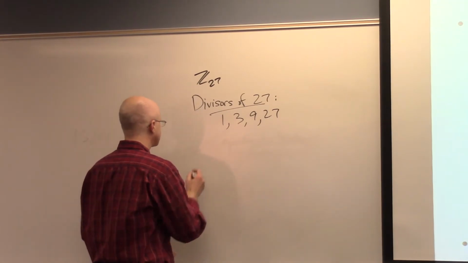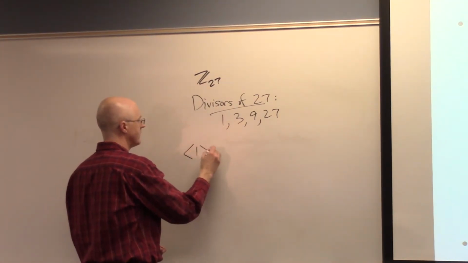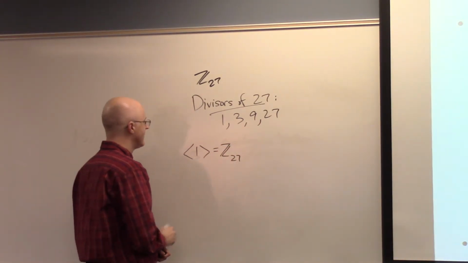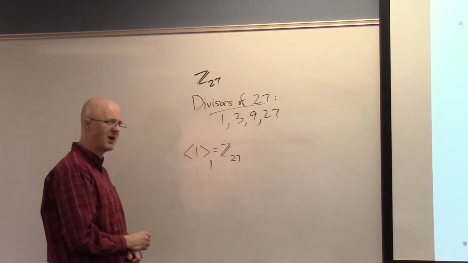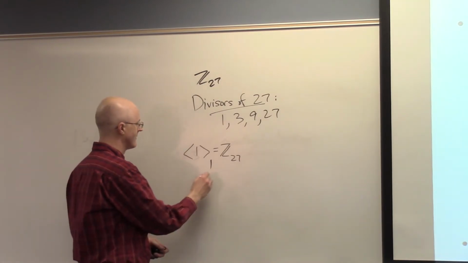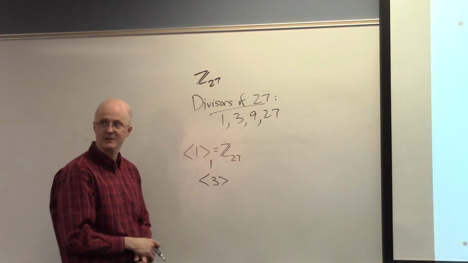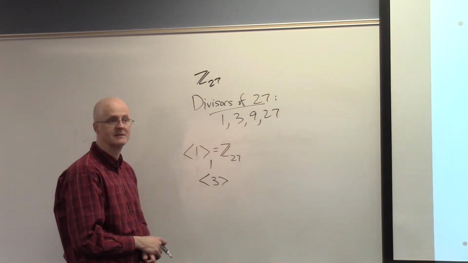So the subgroup lattice is pretty simple. You've got the whole group up here, which is generated by 1. Then you've got the group of order 9, generated by the number 3, or a cubed if I was using a generic cyclic group of order 27.